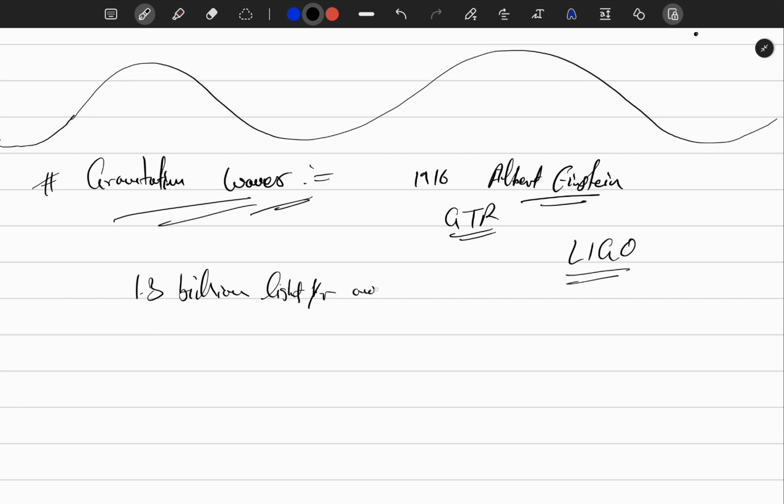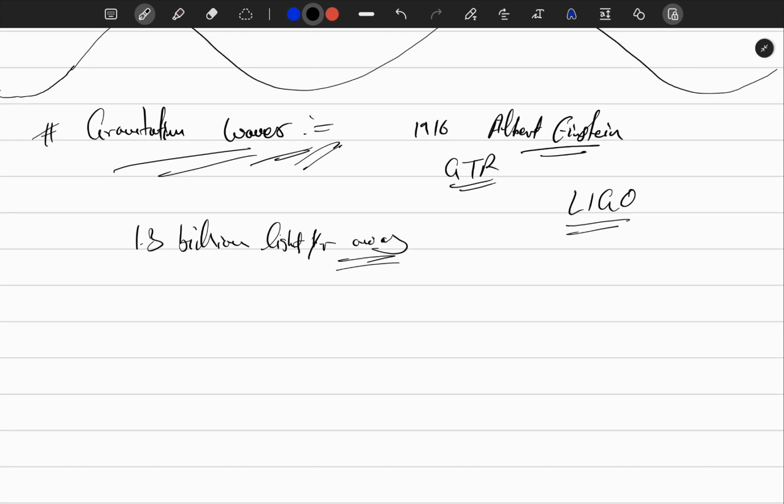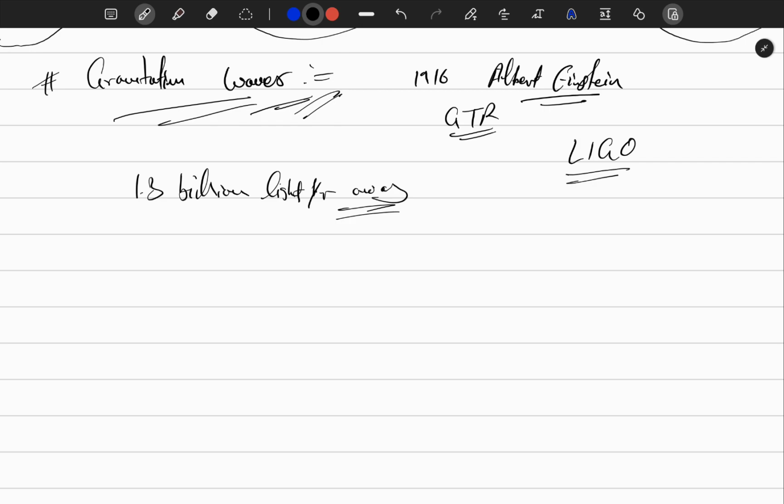So two massive black holes were colliding, and they generated these gravitational waves, which were detected by the observatory at LIGO. The researchers detected the signal with the Laser Interferometer Gravitational-wave Observatory.